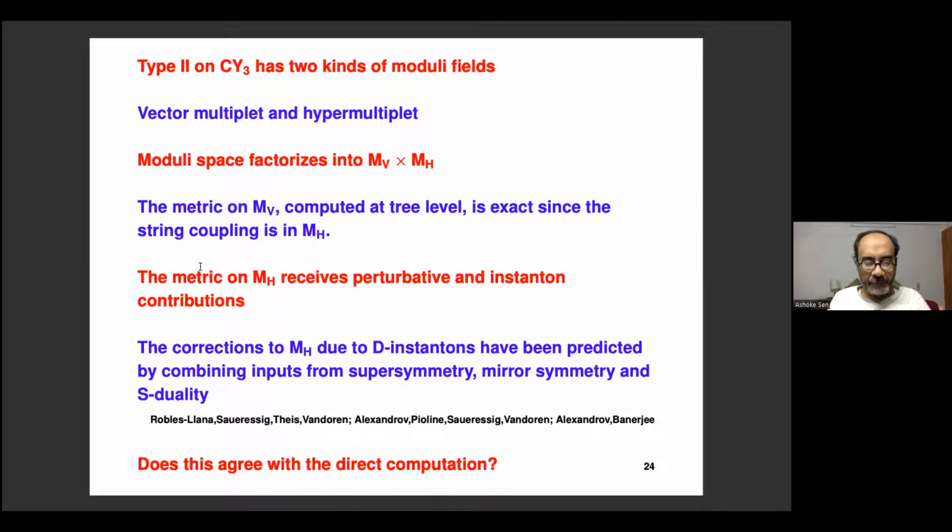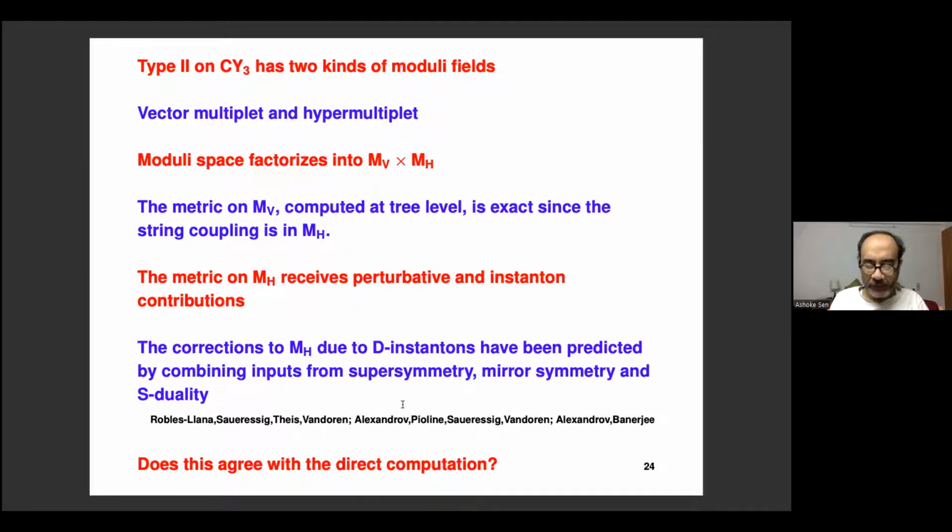But the metric on the hypermultiplet moduli space does receive perturbative and instanton contributions. These have been predicted, as I said, by the work of the last 10 years. The corrections to the hypermultiplet moduli space from D-instantons have been predicted by combining inputs from supersymmetry, mirror symmetry, and S duality.